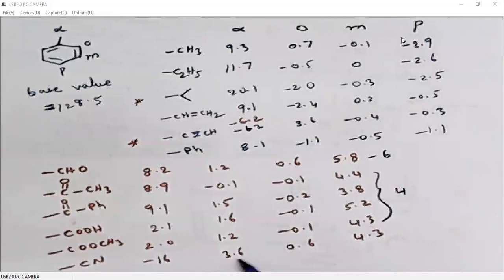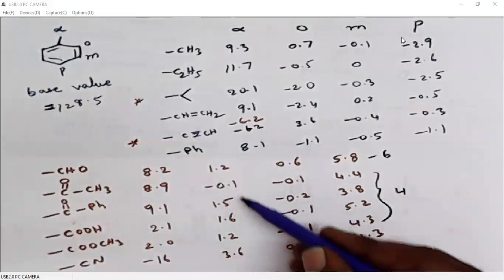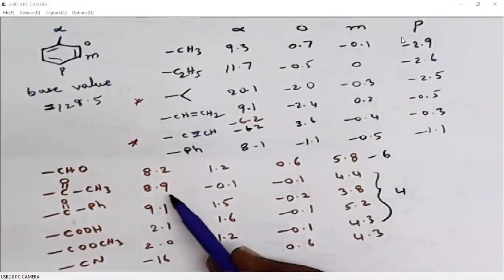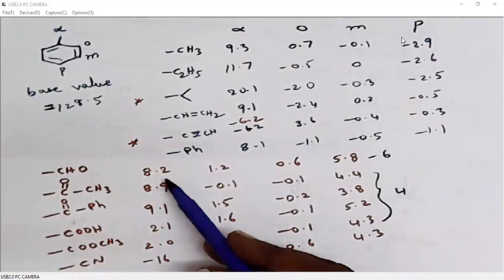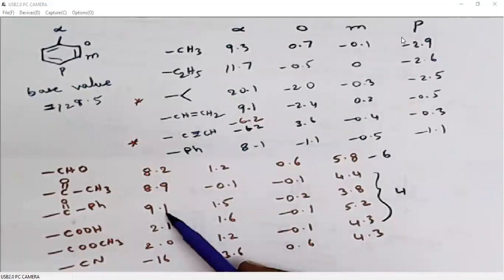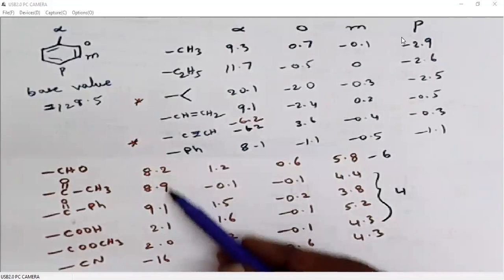Then just ignore these ortho and meta position values, because look at them, they are very small, mostly 1 or less than 1. So just ignore ortho and meta values. Now look at this. When we have at alpha position 8.2, 8.9, 9.1, so just add 9 here.